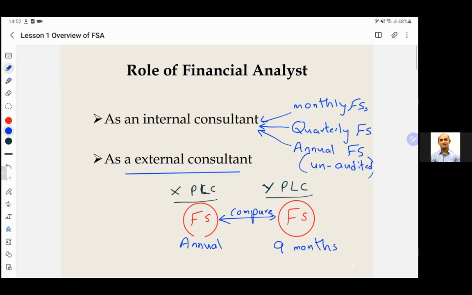Before doing any analysis, you have to make sure that the financial statements are suitable for your analysis. So that's the objective of accounting analysis.